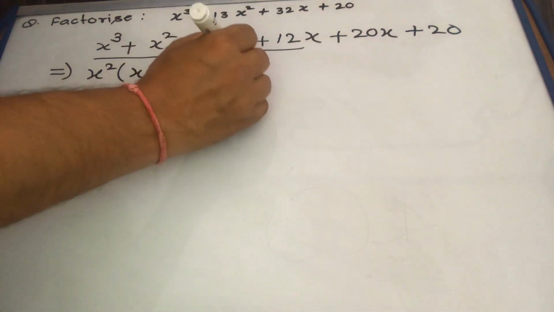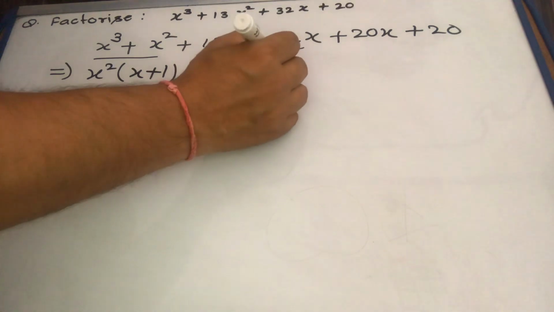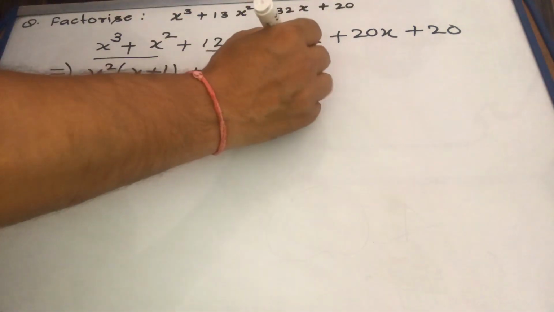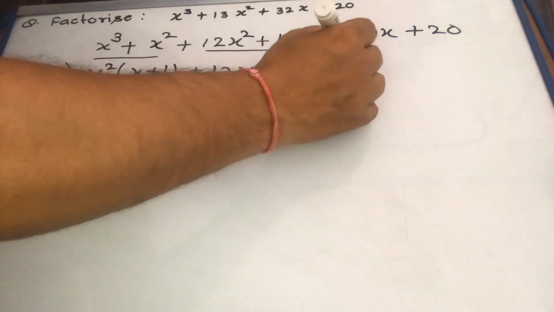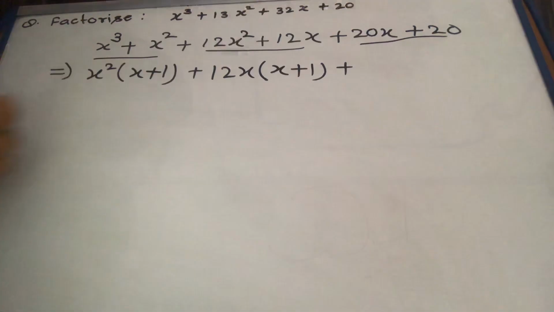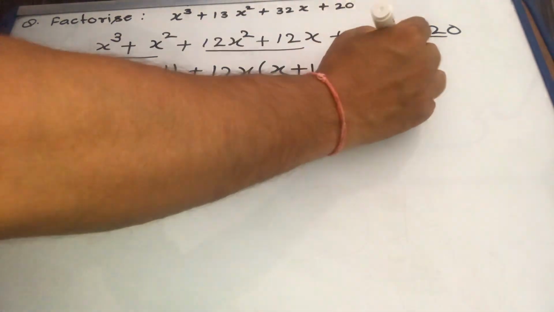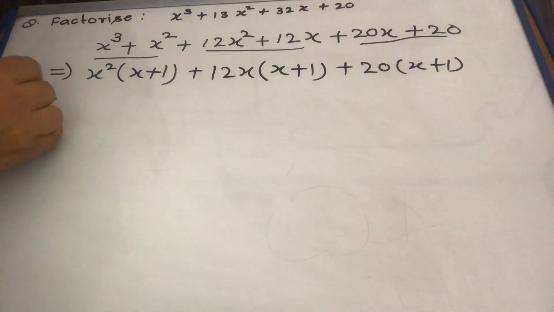So taking 12x as common, x is remaining, and here only 1 remains. In the last two terms what is common? It is 20, so plus 20 is common. Again you will get x plus 1. Clear this step? Okay, moving to the next step.